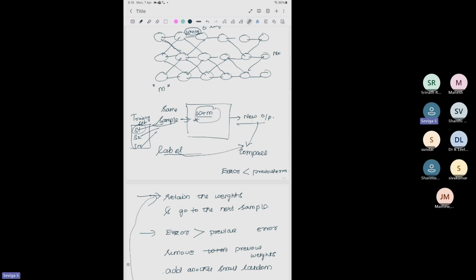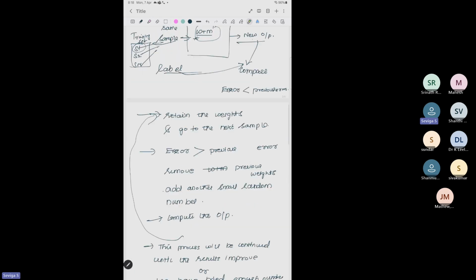So let's understand this clearly. You have a training set with n number of samples. Every sample you send in, you are going to nudge the weights. So you have adjusted the weights for the first time, and for that first set of weights you will get error number 1. For the second set of weights, we will get error 2.